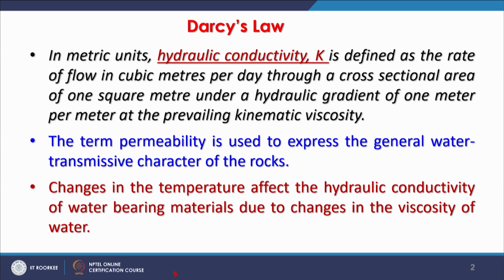Changes in temperature will also affect our hydraulic conductivity, and whatever water bearing materials or chemicals, or even small particles of clay size or less than clay size might be there, they too will affect our hydraulic conductivity through the viscosity of the fluid which is flowing. In our case it is water.